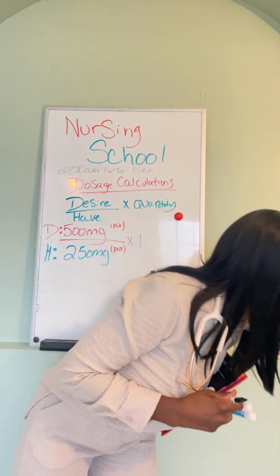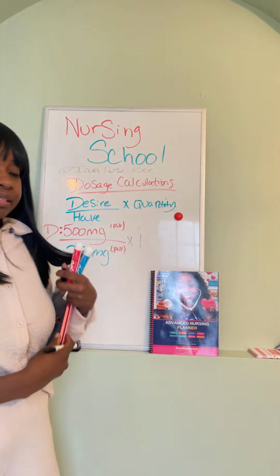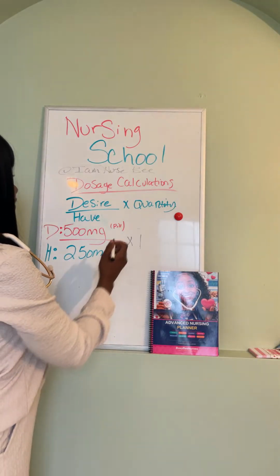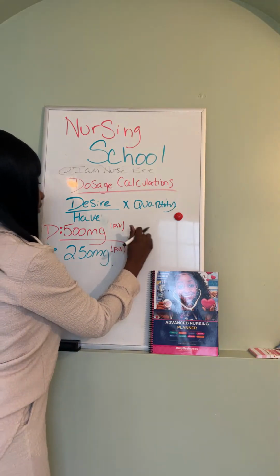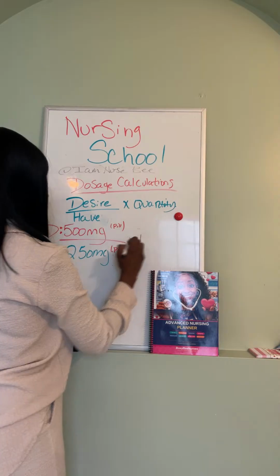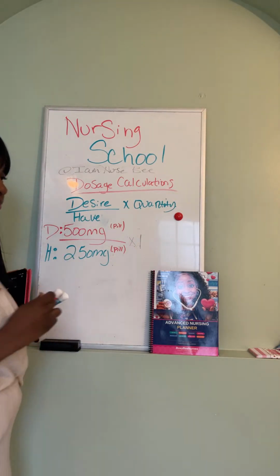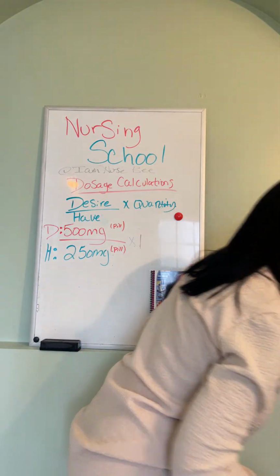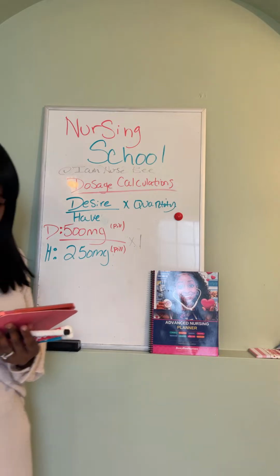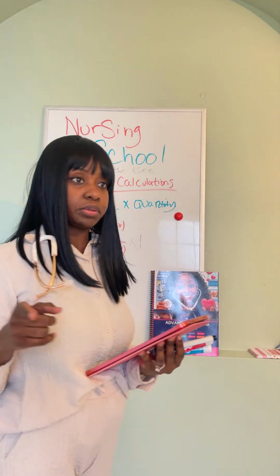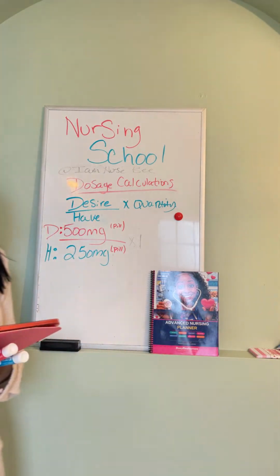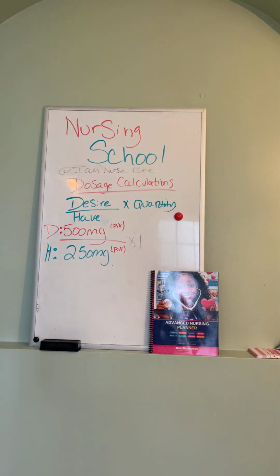Please let me know what you think the answer is. You're going to do desired over have times 1. I'm waiting for you guys to put the answer in so we can move forward, and then we'll do a few more. I'm going to leave it up here so you can figure it out. I'll be right back.